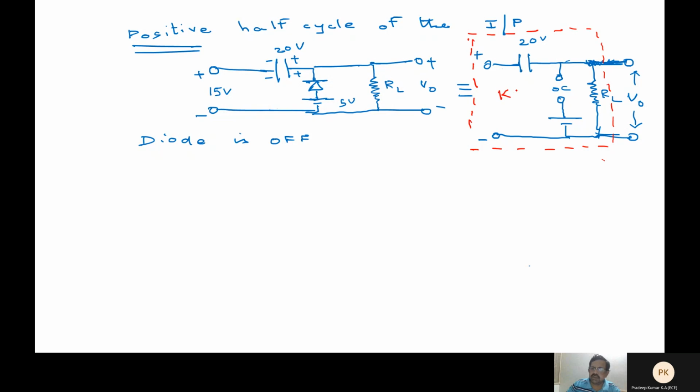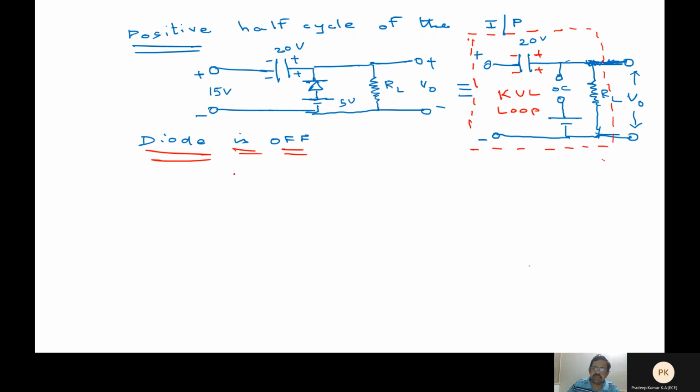This is my KVL loop. So again I start from, so this is already acquired in this polarity like this. So remember that. So diode is off. I already explained all those things. Now we need to find what is the output. So let us begin from the capacitor.